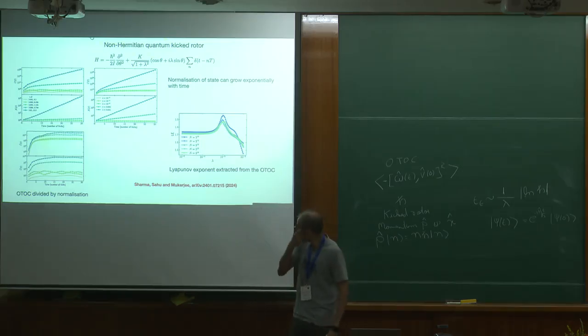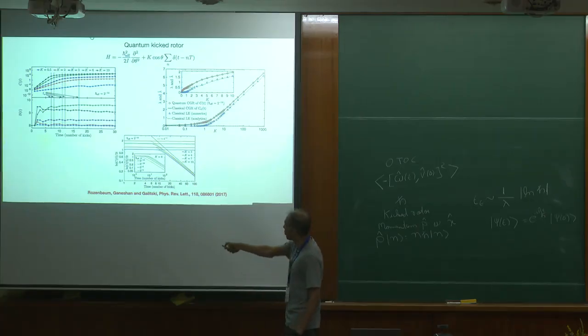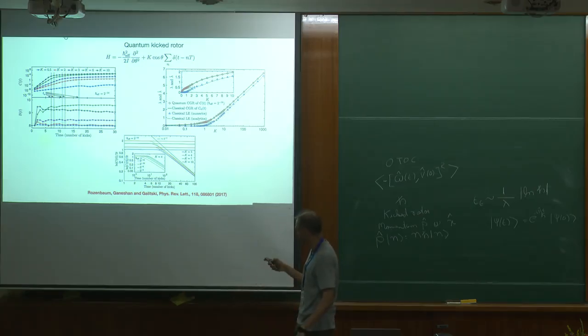The one thing to be careful about, though, is that because the normalization is not preserved, the out-of-time ordered correlator in general has an exponential increase with time. So if you contrast this to what you see here for the Hermitian case, you actually see an exponential increase followed by plateauing due to the existence of the Ehrenfest time.